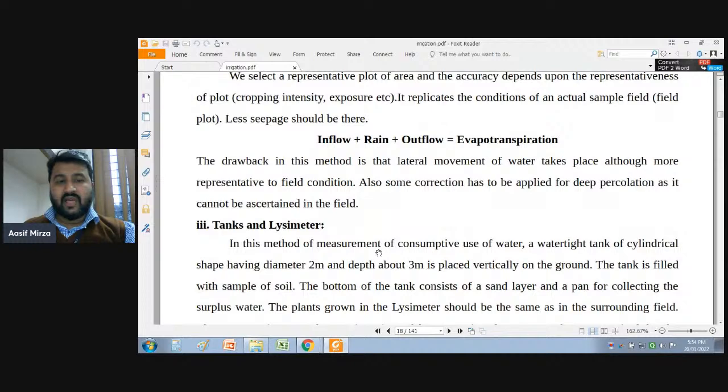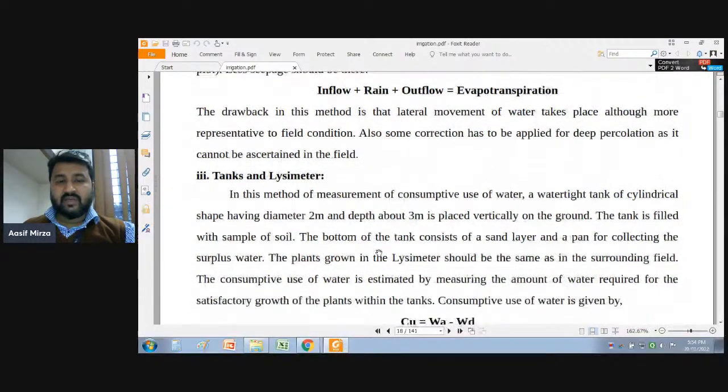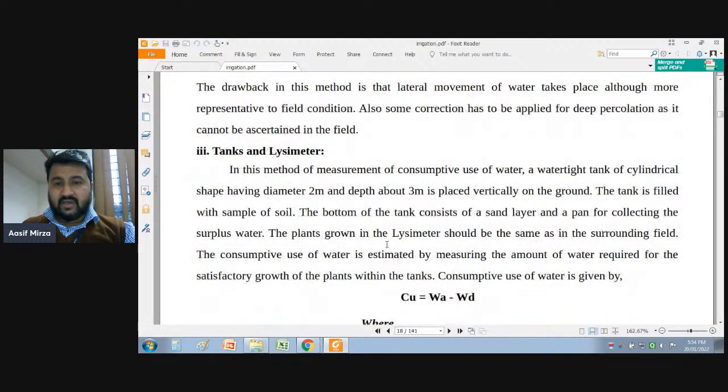Now, tanks and lysimeter. In this method of measurement of consumptive use of water, a watertight tank of cylindrical shape with diameter 2 meter and depth about 3 meter is placed vertically on the ground. The tank is filled with the sample of soil. The bottom of the tank consists of a sand layer and a pan for collecting the surplus water. The plant growth in the lysimeter should be the same as in the surrounding field.